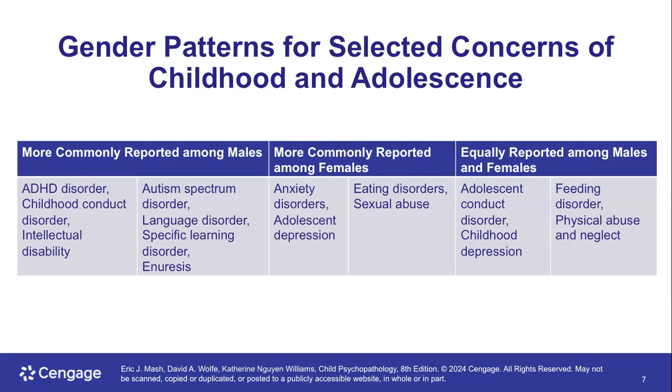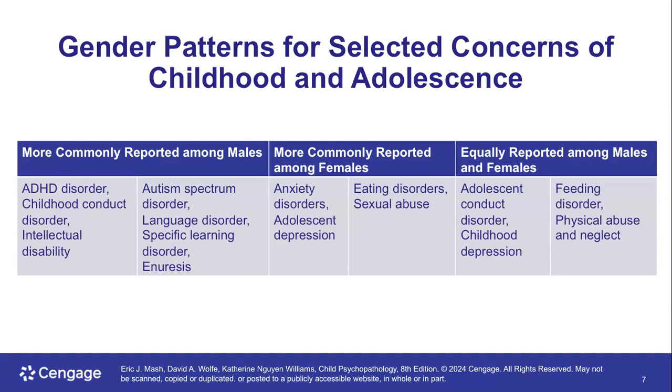Now, what I didn't talk about is the concept of internalizing versus externalizing disorders. Internalizing disorders are things or disorders that we process inside of ourselves. So not only would anxiety and depression be a mood or affective condition, it's also an internalizing condition because we process that inside of ourselves.